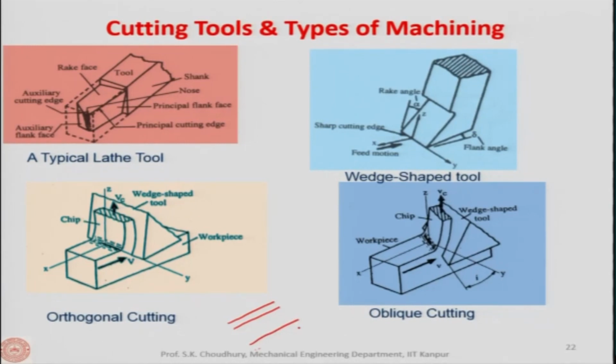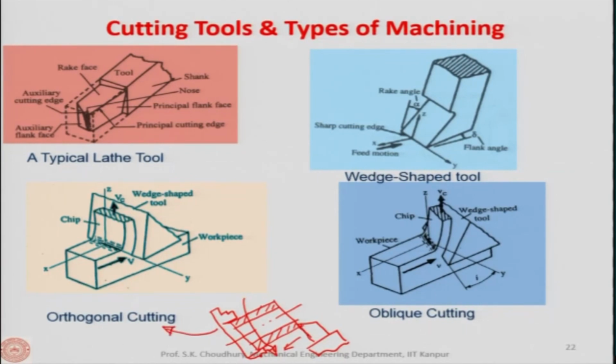Probably one example that comes to my mind at this moment is this. Let us say we have a workpiece like this, all right. Suppose this is a cylindrical workpiece mounted in a 3-jaw chuck, and this is the tool, okay. This is the tool which is given a feed, and the workpiece is rotating, all right. So, this is an example of the orthogonal cutting.